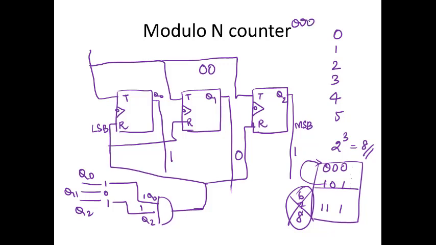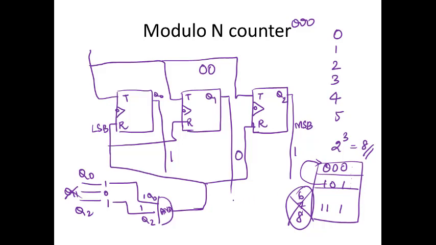So automatically, from 0, 1, 2, 3, 4, 5, for each and every case, Q0 and Q2 will be fed. Sorry, Q1 won't be fed to this gate. So whenever these 2 bits are 1 and 1, automatically it will be reset. Reset in the sense, make it all 0, come back to the original state and start counting up again.